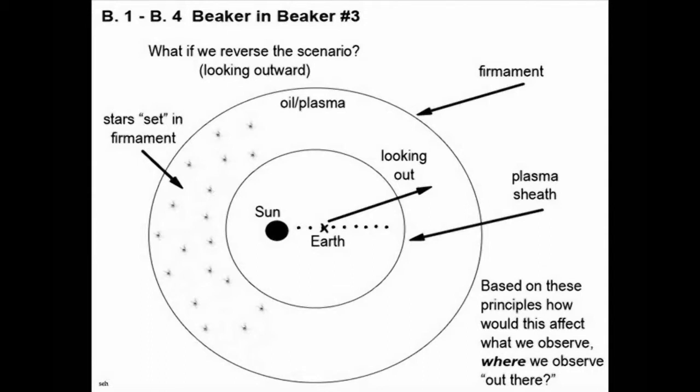Okay, what if we were looking into another firmament layer, and this was oil, this was something else, but yet the stars were set in different locations in these firmaments. The scripture says to give light upon the earth. All right, so we'll be able to see all these stars.